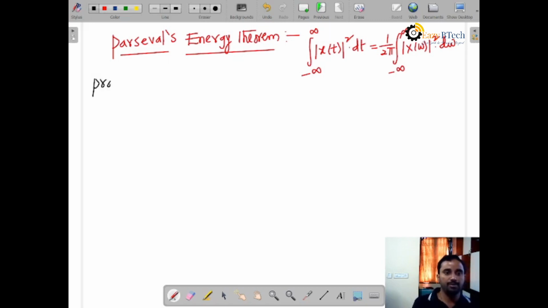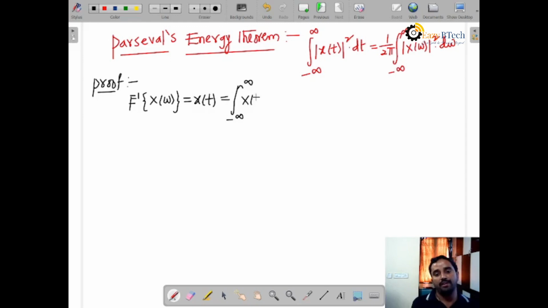This proof we can do using the inverse Fourier transform formula. So we know the inverse Fourier transform, F inverse of X of omega, is equal to small x of t, which is equal to the integral from minus infinity to plus infinity of X of omega e to the power j omega t d omega.